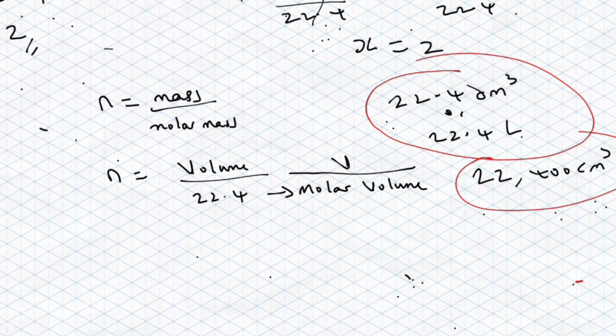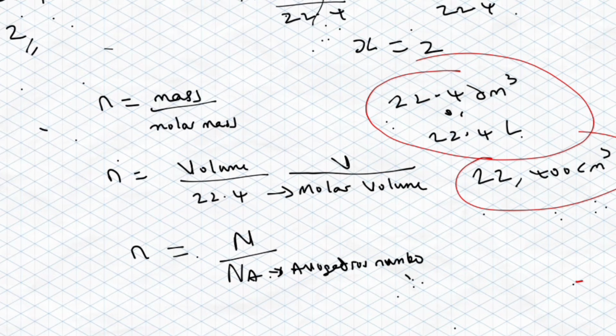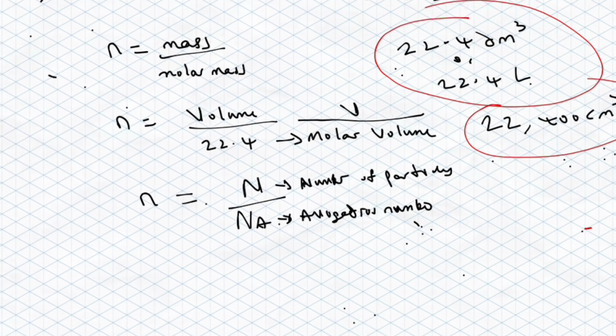Now, the third formula I gave you guys, I told you, is n over NA. This is Avogadro's number. This is the number of particles. I told you it can be atom, mole, or anything. Now let's combine these three formulas.